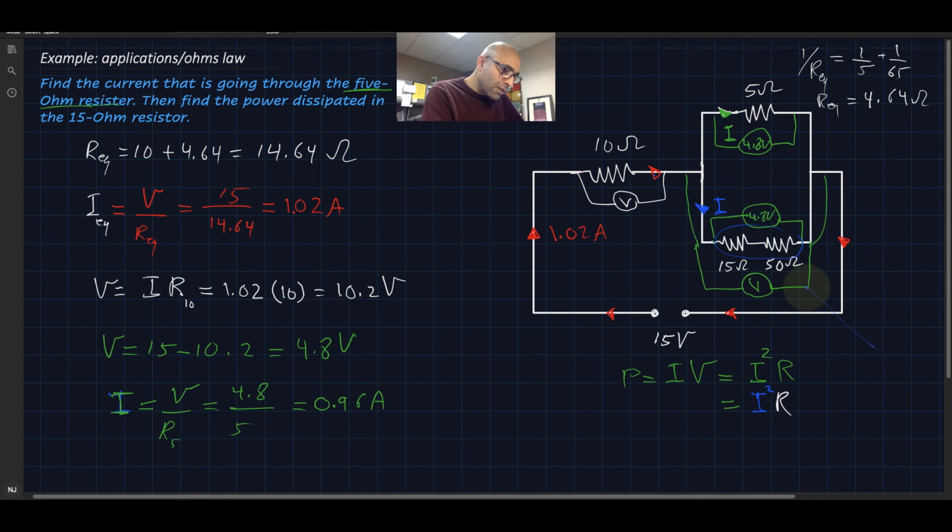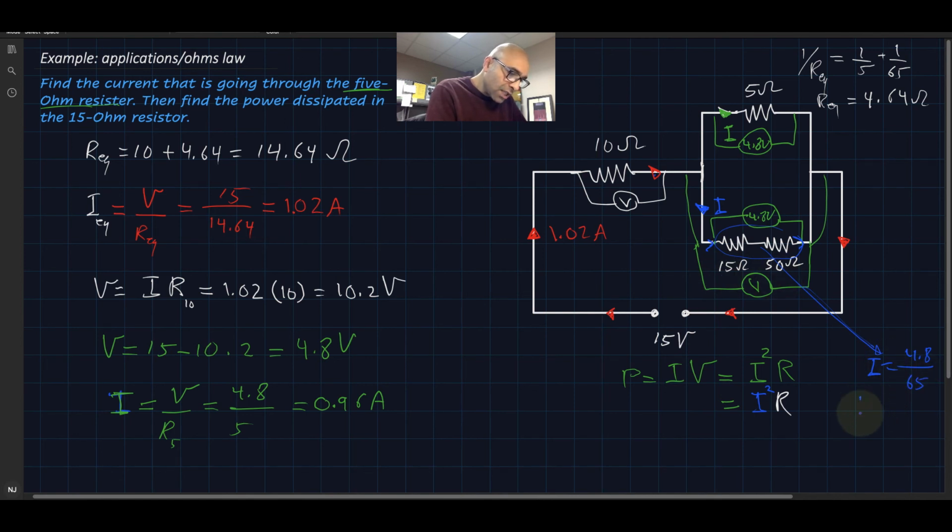So if I take this circuit here and start solving, I can say that the current that goes through here is equal to the voltage drop, which is 4.8, divided by the total resistor, which is 15 plus 50, which is 65.